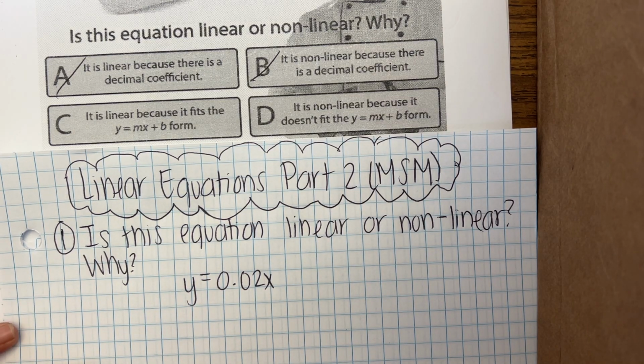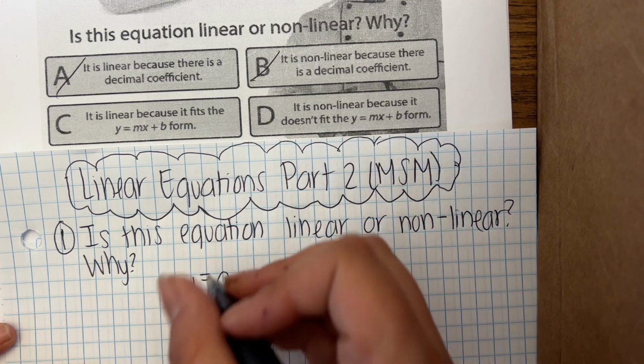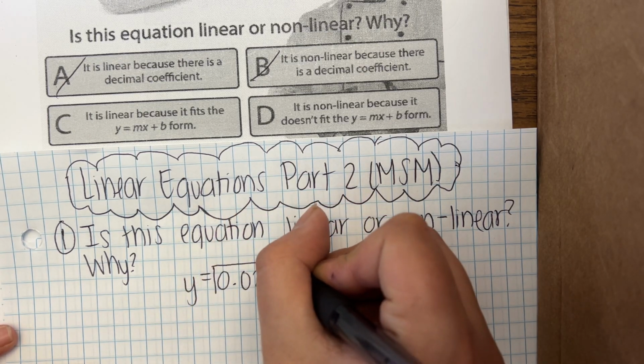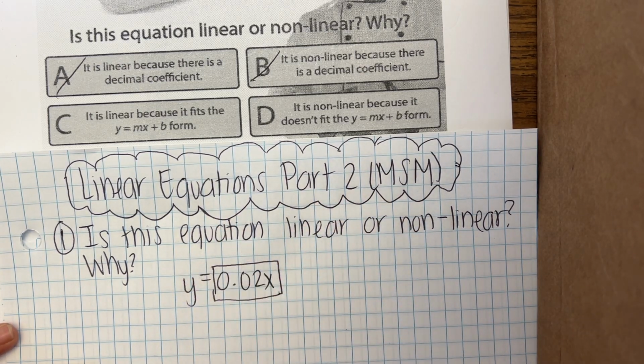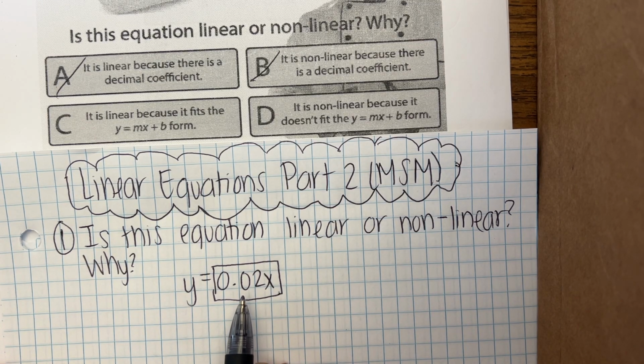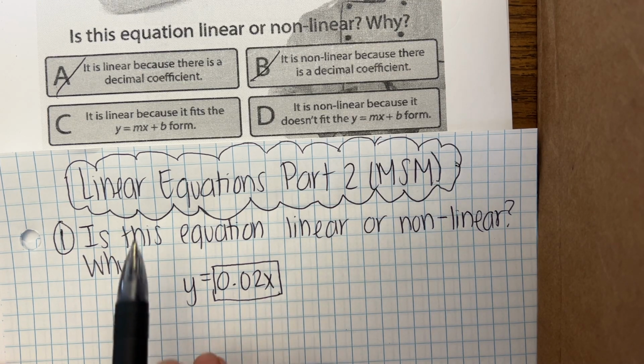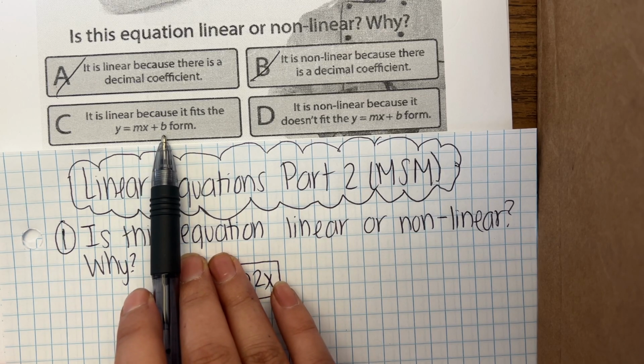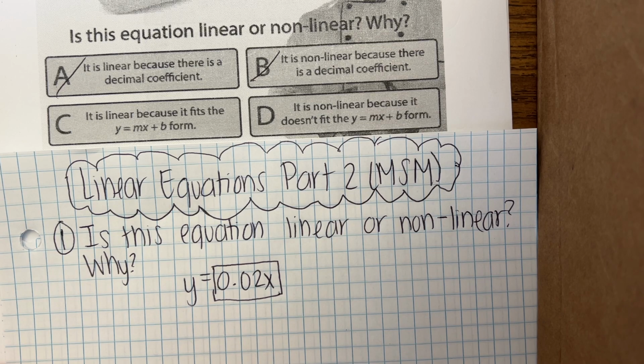So, yes, this part right here is part of y equals mx plus b, which this would be the mx. So it doesn't have the b value or a y-intercept, but this is one thing that you guys need to know.